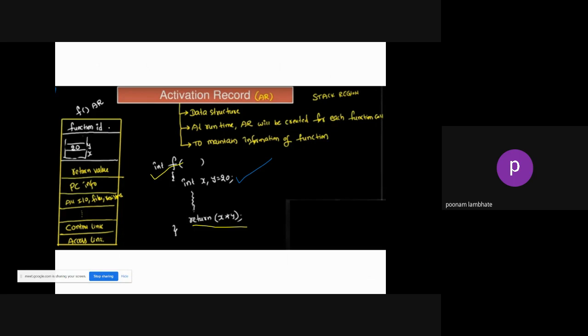It stores in the stack area, there will be some memory allocated to X and Y variables, and whatever is the return value. Then if you study microprocessors, there is the program counter related information, and whatever input output, if you are using file handling, that particular information. And for every activation record, there is a control link and an access link field. A link is nothing but a pointer.